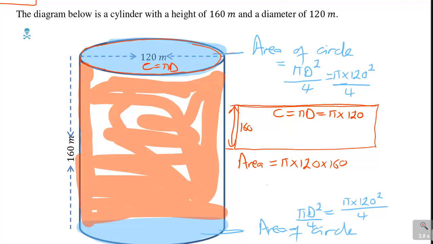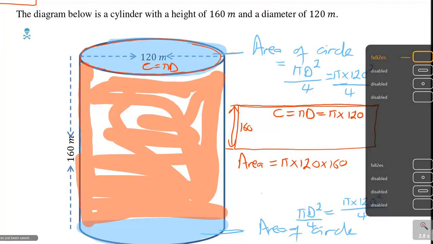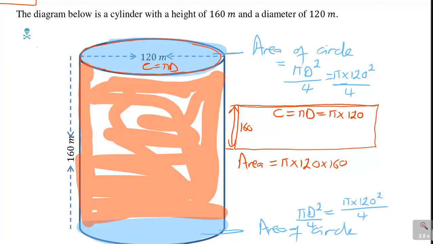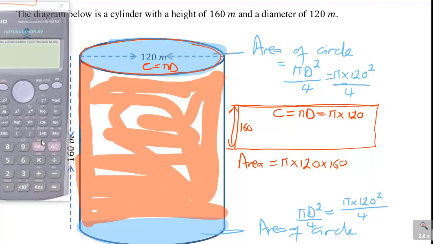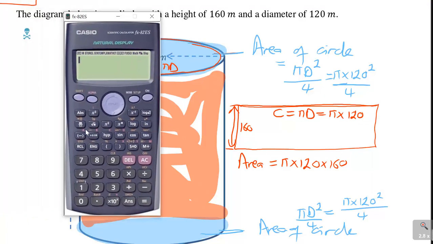So now you have to add all this area to find the final surface area. And if you do that, the first one, remember, was pi times 120 squared over 4, the top one.